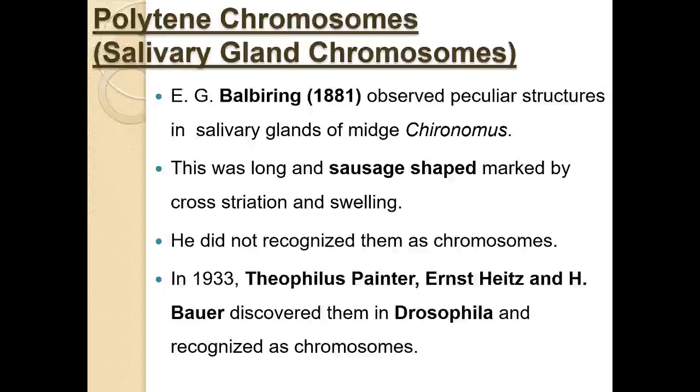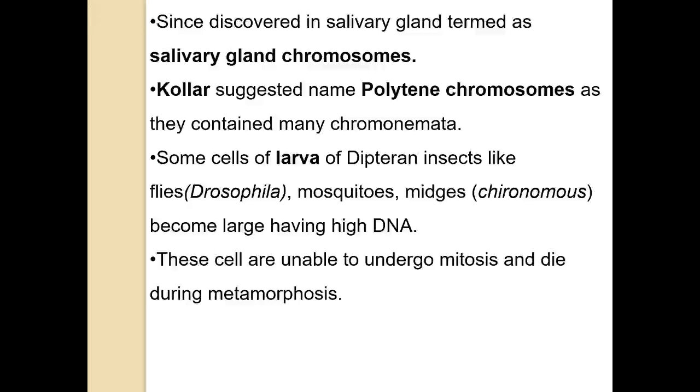After that, the research went on, and in 1933 Theophilus Painter and E. Heitz and H. Bauer discovered the same structure in Drosophila, and they recognized it as a chromosome. It is called a salivary gland chromosome because it was discovered in the salivary gland.